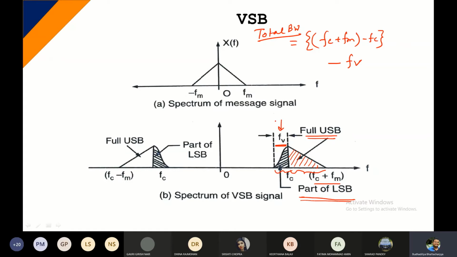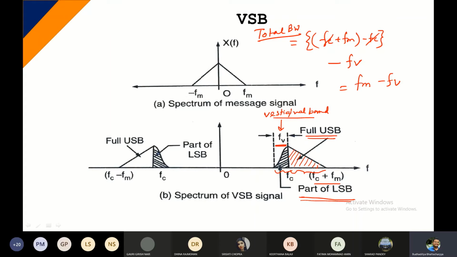So FV is the vestigial band, the portion of the LSB that has been added up with the USB. And the portion that you are talking about here has a bandwidth FC plus FM minus FC. So this gets cancelled. So you are having FM minus FV. FM minus, it should be plus, I think.